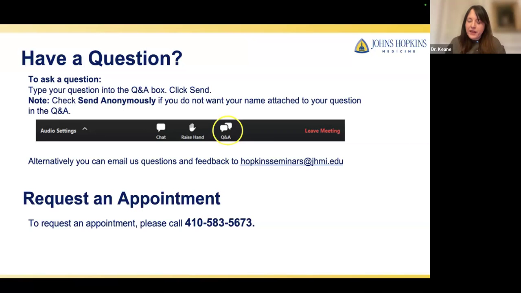We have another question. So are there any age restrictions for an endobariatric procedure? This is a great question. Actually, we don't have any age restrictions. At the lower end, we do offer endobariatric procedures to younger patients.